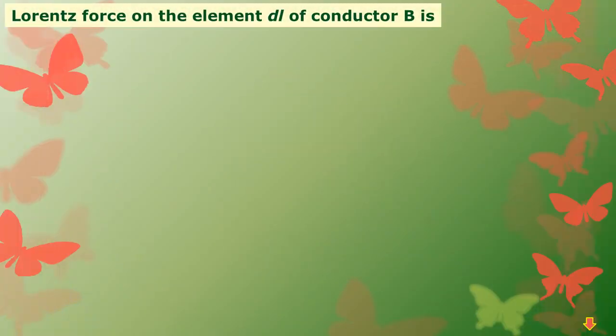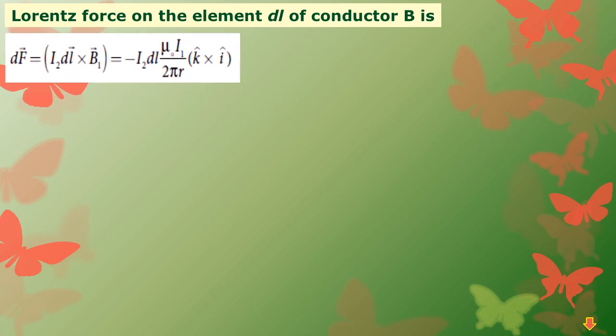The Lorentz force on the element dl of conductor B is dF vector is equal to I2 dl vector into B1, and you can substitute the value of B1 from equation 1, that is minus I2 dl into mu naught I1 divided by 2 pi r into k vector into I vector.